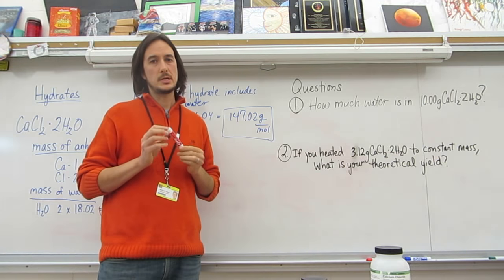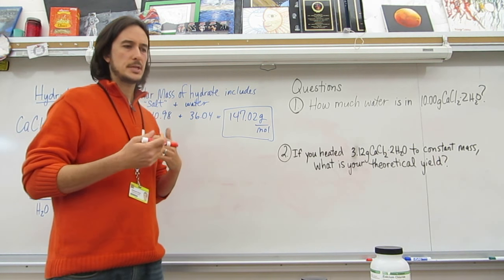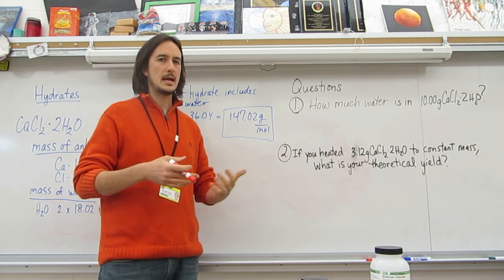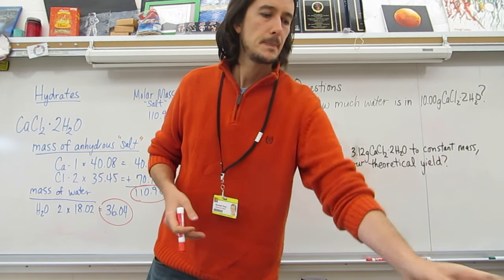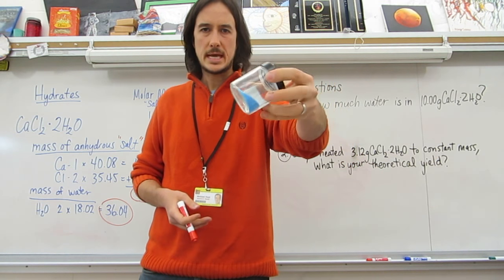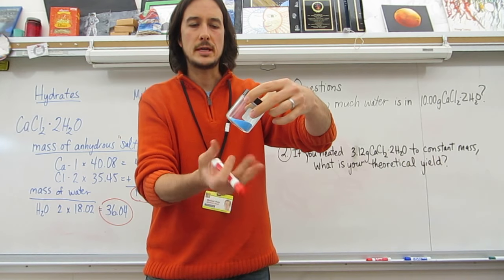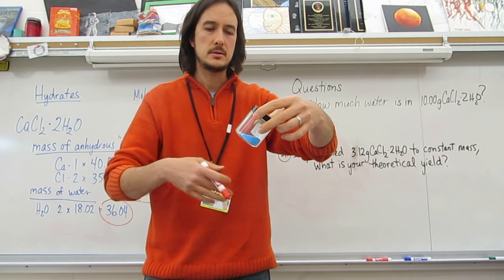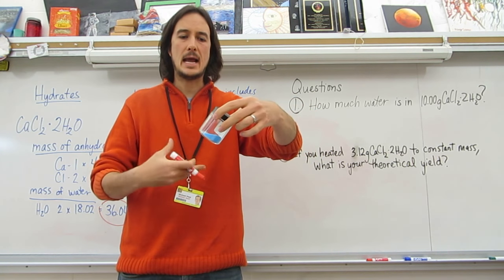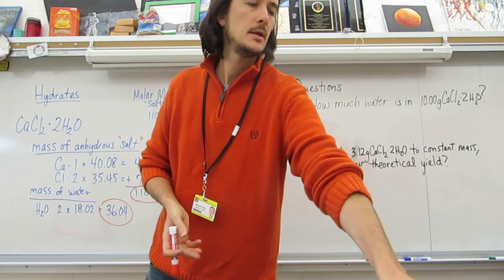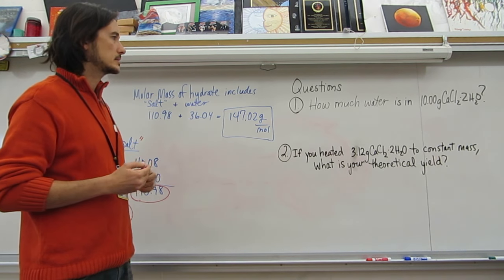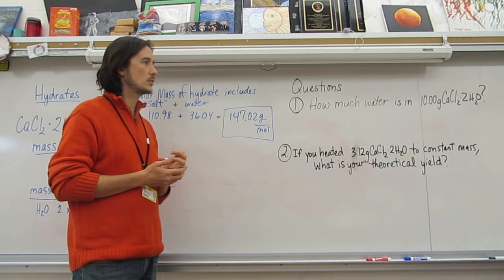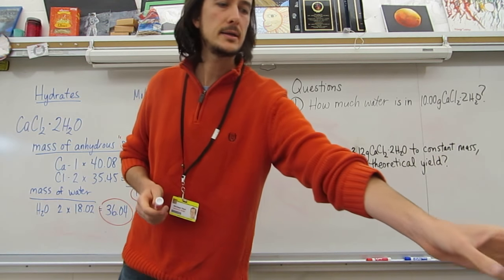The questions that you're going to need to be able to answer, right? You kind of need to understand what it would look like in the lab if you're going to take this and heat it, and drive out the water. You can calculate how much water should leave. So one question we might ask is, how much water is in 10 grams of calcium chloride dihydrate?